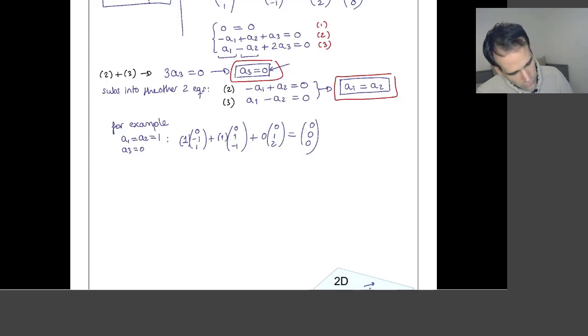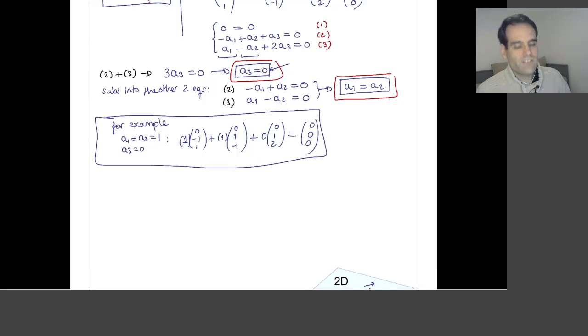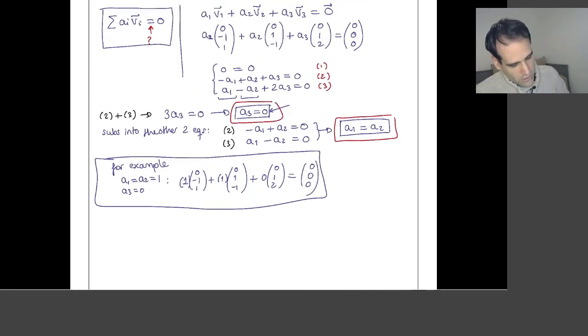So, in conclusion, this was only an example, it was not needed, it was just to convince you. But the conclusion is that there is a solution to this system up here, which means that the vectors are linearly dependent.